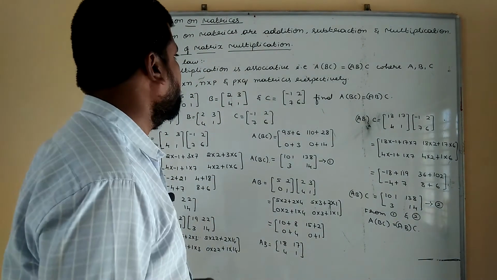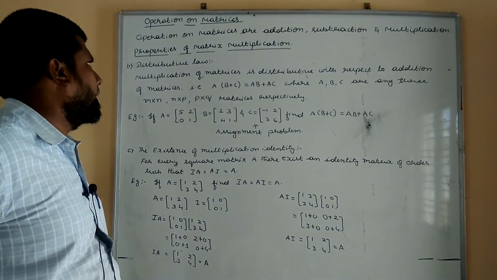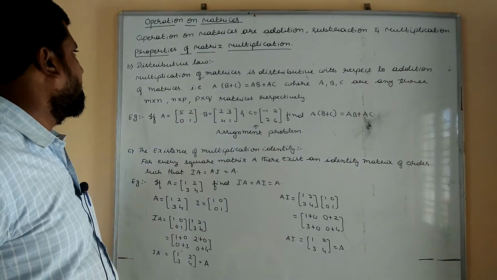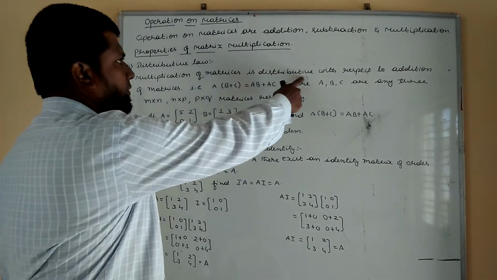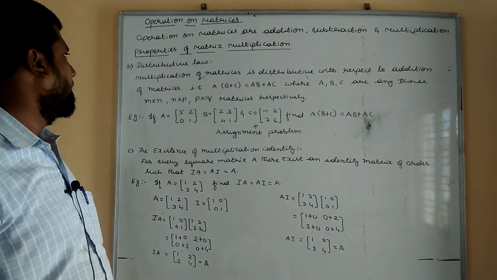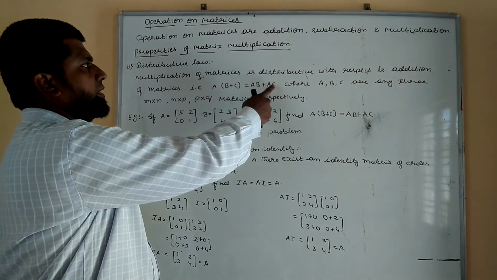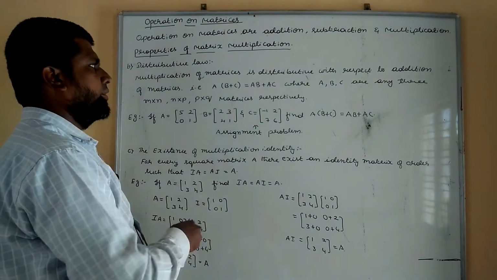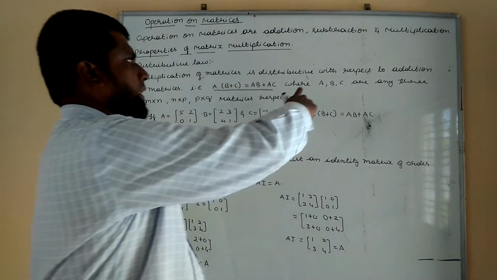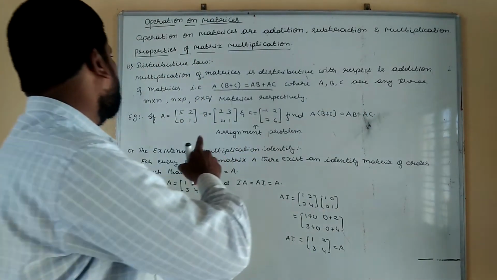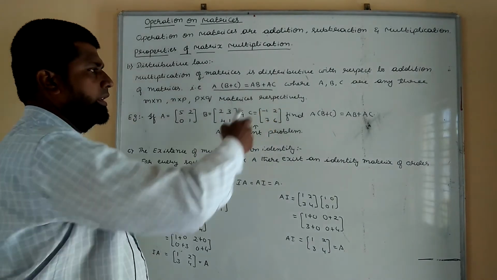So the associative property is satisfied here. Okay, let us go for the next property, distributive law. Distributive law in multiplication. Multiplication of matrices is distributive with respect to addition of matrices, that is A of B plus C is equal to AB plus AC. This is the distributive law under multiplication and addition, where A, B, C are any M cross N, N cross P, P cross Q matrices respectively.